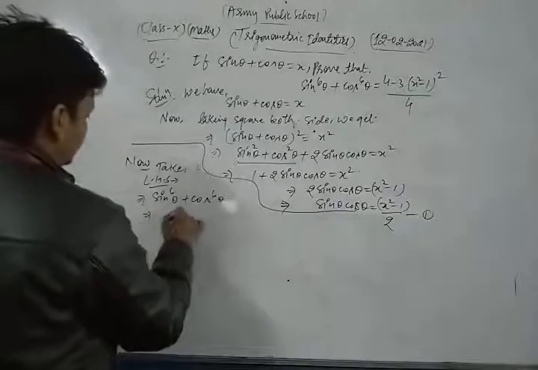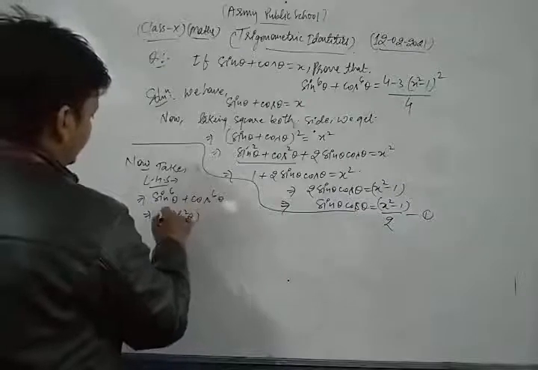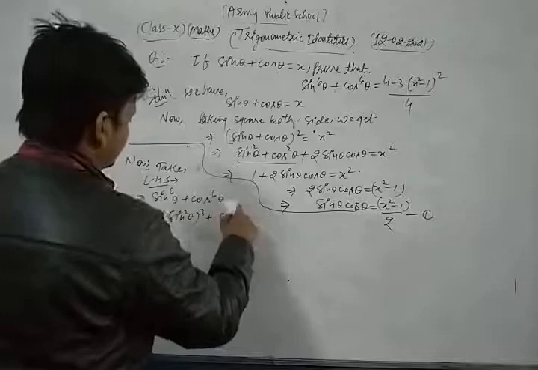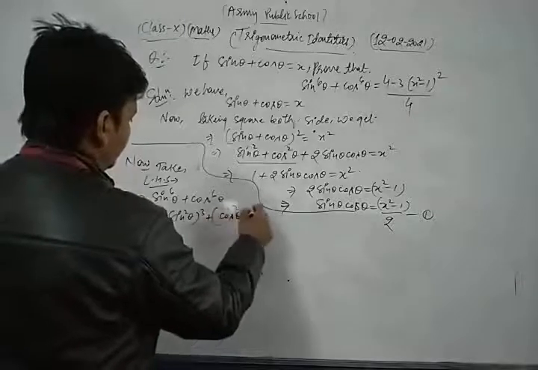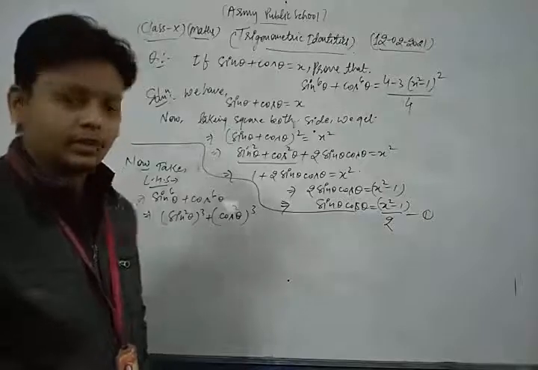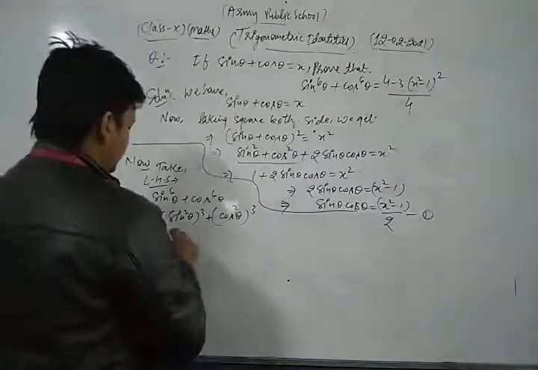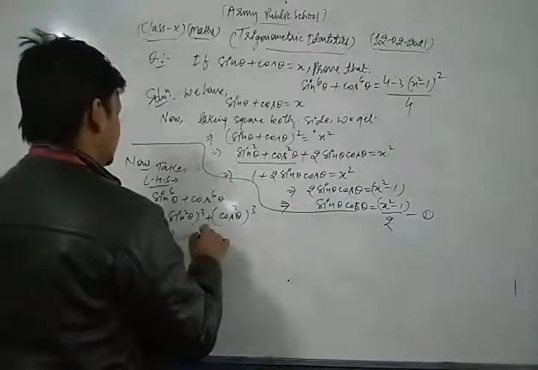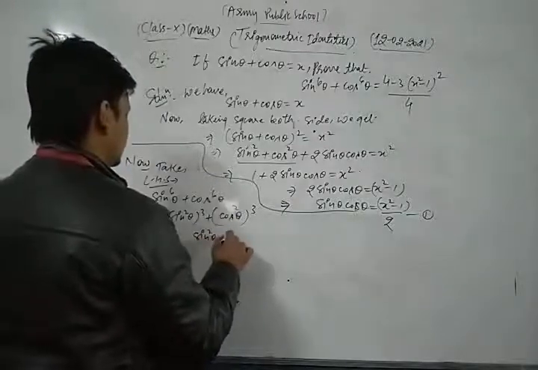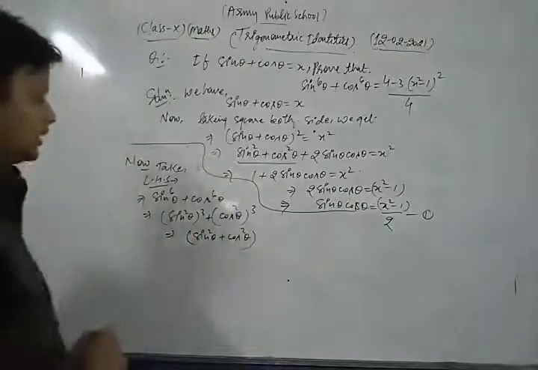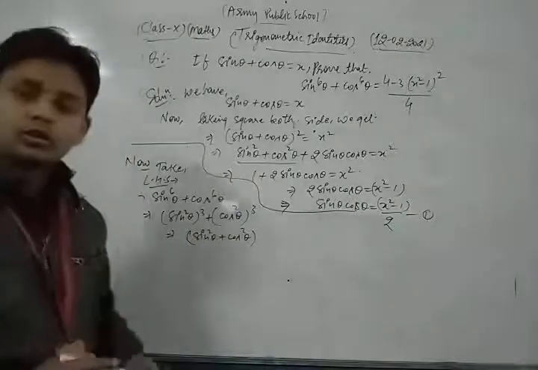We write a cube plus b cube. Now here we use the identity of a cube plus b cube, which means a plus b in one bracket. This is sin square theta plus cos square theta, means the value of a is sin square theta and the value of b is cos square theta.